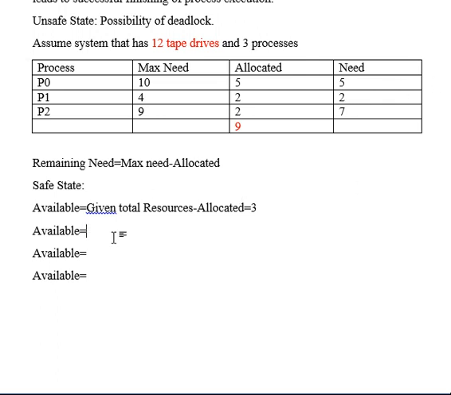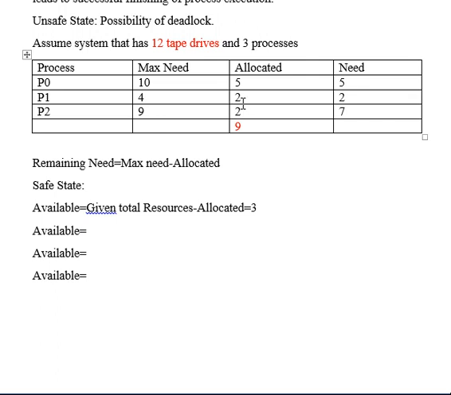Will the available change now? Yes, it will, because when P1 gets these resources, it doesn't require 3, it just requires 2. It will take these 2 resources and finish its execution, because it doesn't need any more resources. Once it finishes, it will release the resources present with it.